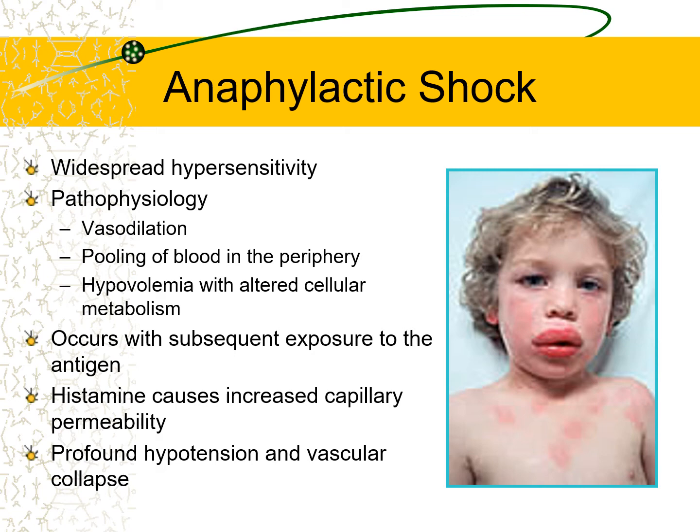Histamine is found in the basophils of the body. The basophils, remember, are a type of white blood cell. And that histamine results in increased capillary permeability. So with anaphylactic shock, there is a profound hypotension and vascular collapse.